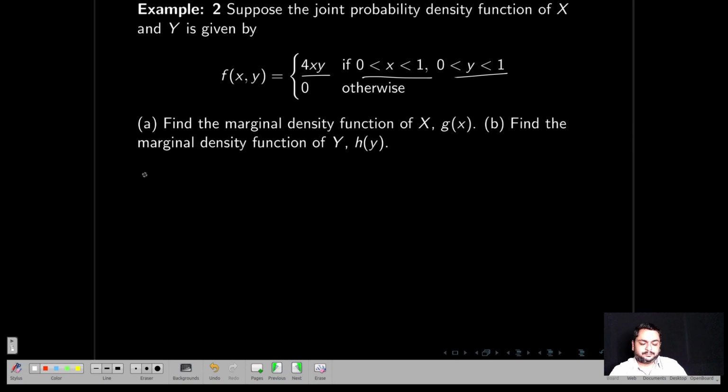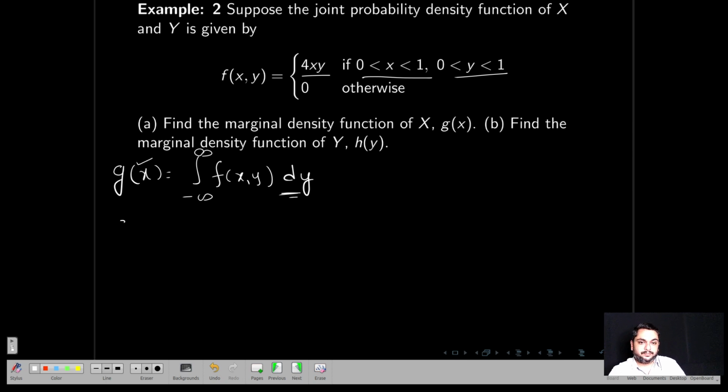So how will you find it? g of x is equal to the integral from minus infinity to infinity of f of x comma y dy, because fixing the x, integrate over y.